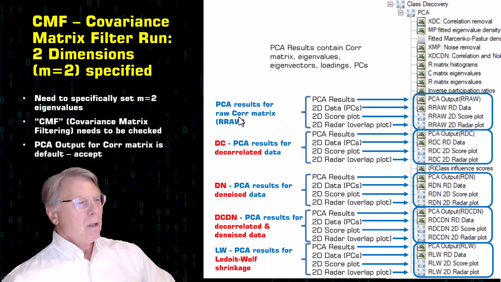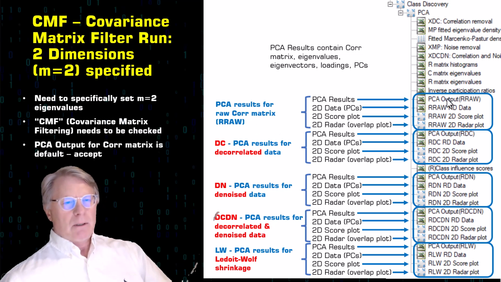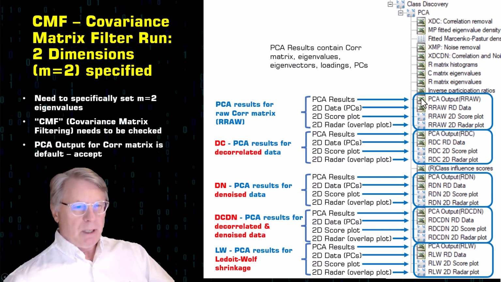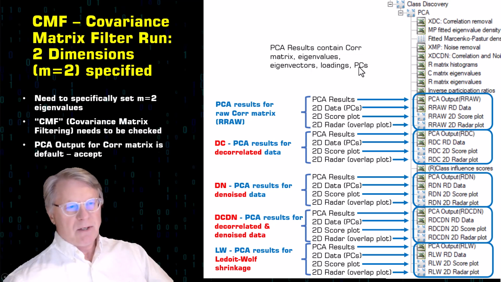And then for the PCA results, just straightforward PCA results for the raw correlation matrix called R raw, where R is the correlation matrix, and raw, you can see that here. The PCA output, just for the correlation matrix, would be all visible by clicking on this icon here. And a PCA output contains the correlation matrix, the eigenvalues, the eigenvectors, the loadings, and the PCs.